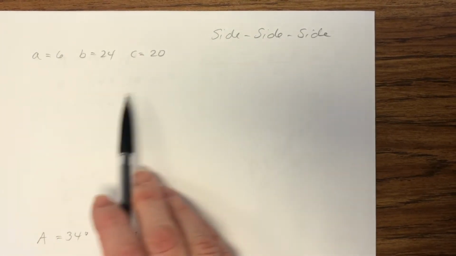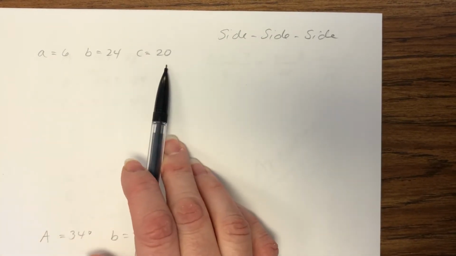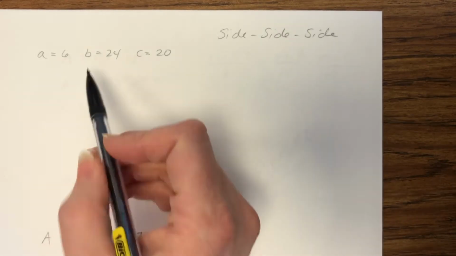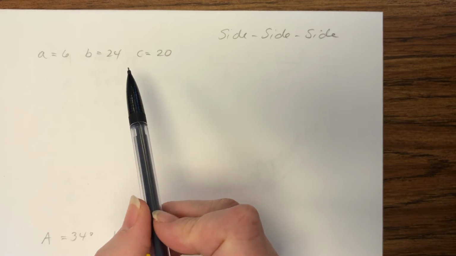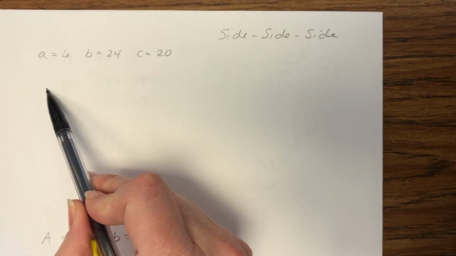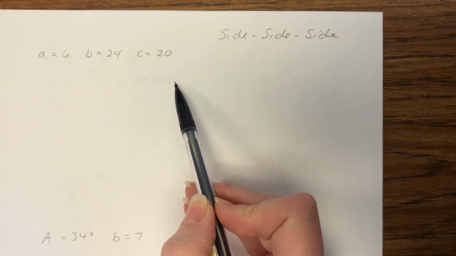So for a situation like this where you're given 3 sides, it doesn't matter which one you do first, but whatever one you put on the outside, that angle is going to be the one that you're going to find first.